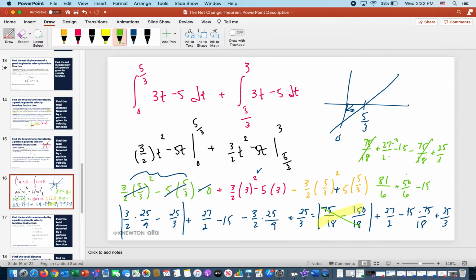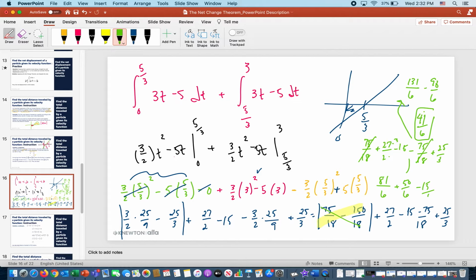I know that's really confusing if you're not familiar with fractions. 81 and 50 combined give me 131 over 6 minus 90 over 6. I'm getting the common denominator, multiplying 15 by 6, which gives me 90. 131 minus 90 over 6 is 41 over 6.